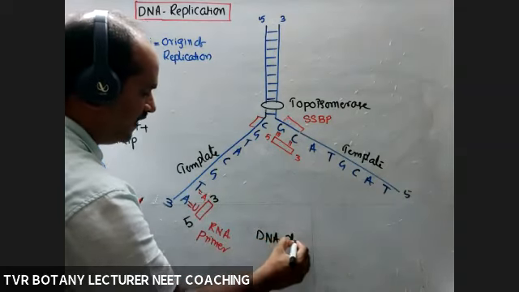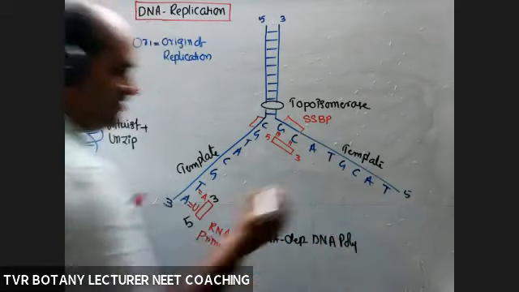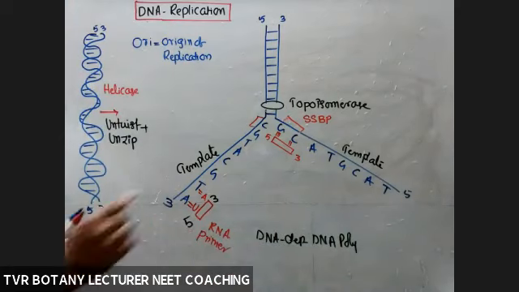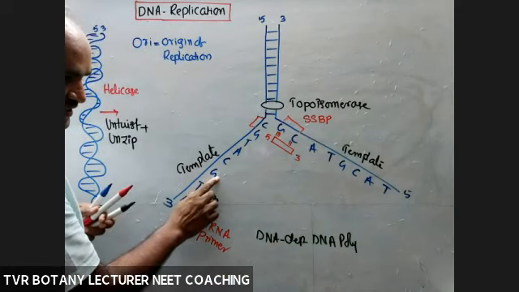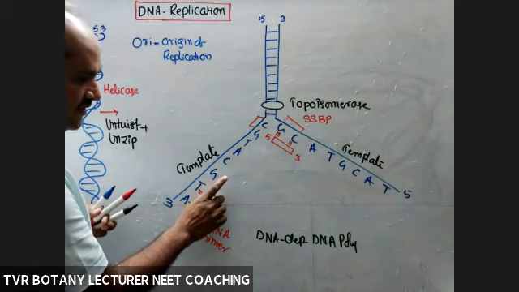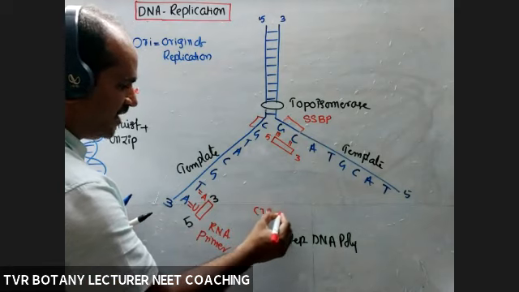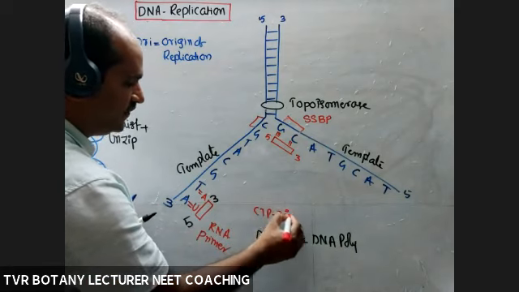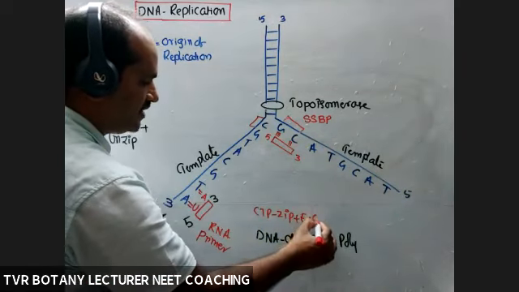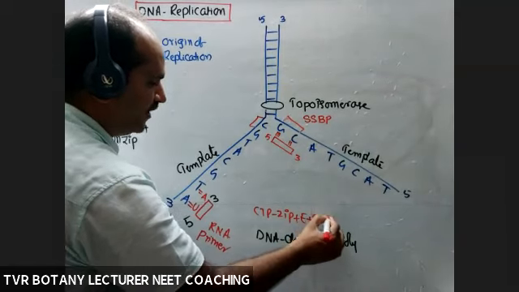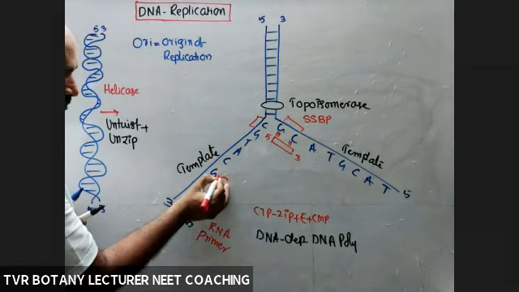Now the enzyme is DNA dependent DNA polymerase. What is the role of this enzyme? Here G is present, so the complementary is cytidylic acid. CTP minus 2 terminal phosphates plus energy gives cytosine monophosphate, simply C, and bonds continue.